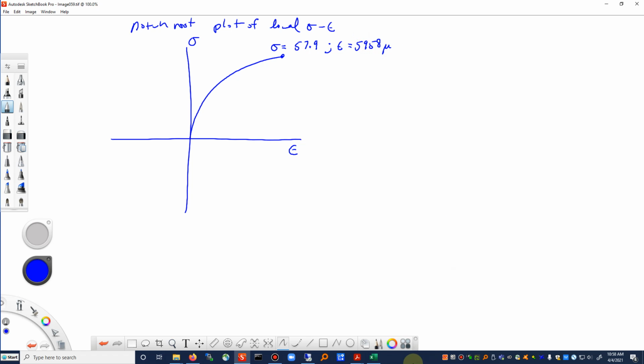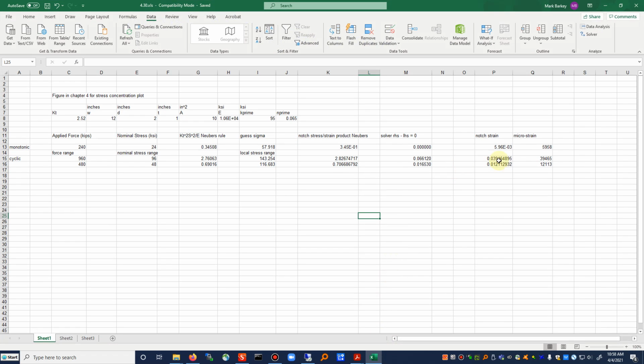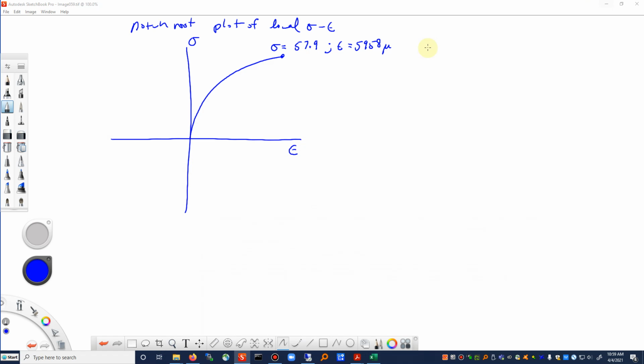Now, of course, in order to get the strain at the notch root, like I said, using this value of sigma that causes this to converge, then you have sigma over E plus sigma over K prime to the 1 over N prime power. All right, so that should be what the start of this thing looks like.